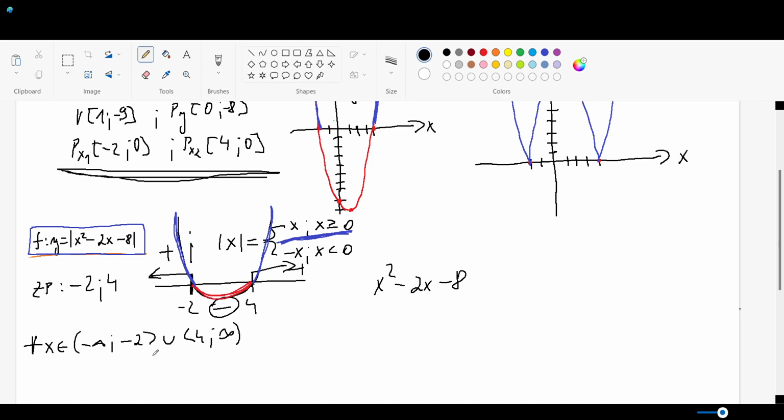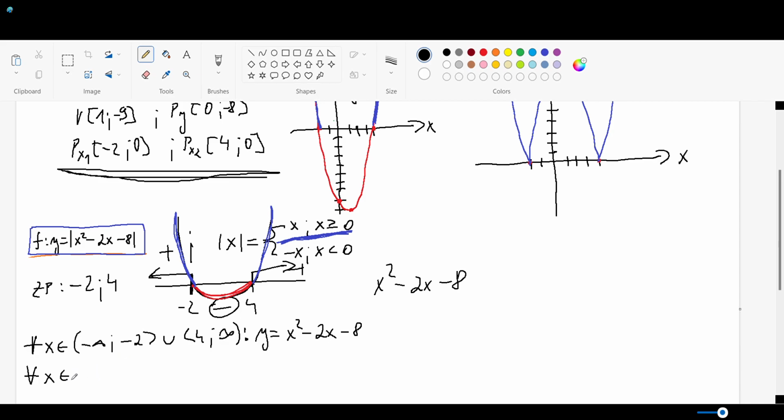That's why on the interval from -infinity to -2 union 4 to infinity, the value of the absolute value will be defined by y equals x squared take away 2x minus 8.